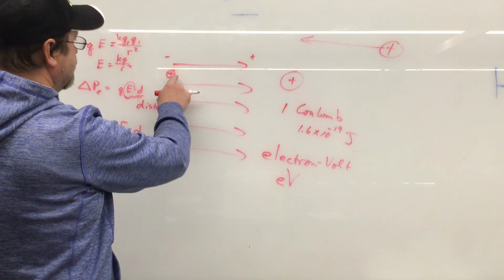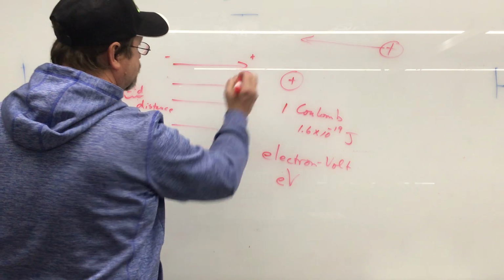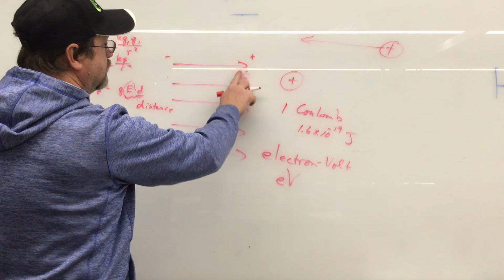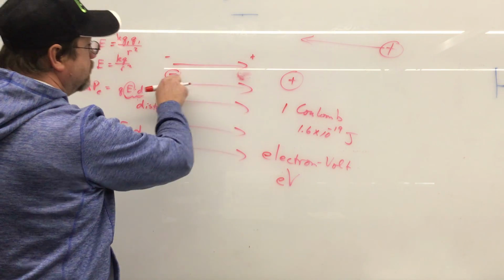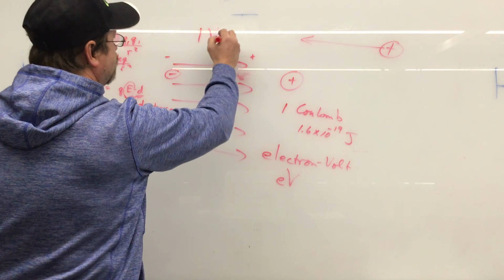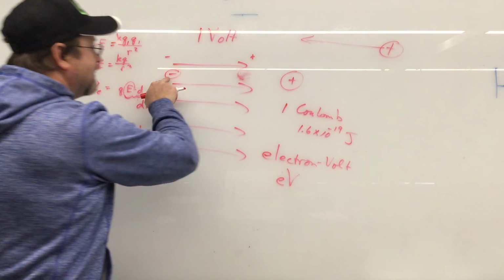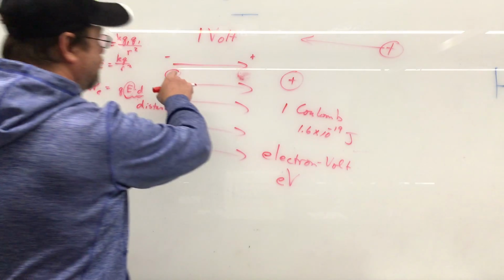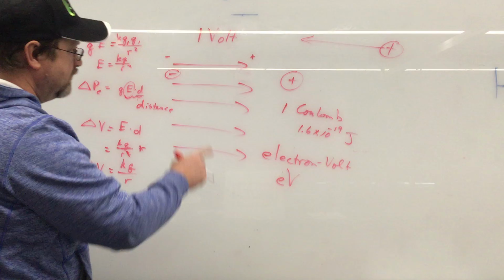So with what we were talking about here, if we flip this around, we put a positive charge over here, we put a negative charge over here, what's going to happen? It's going to be pushed that way, okay? If it's pushed that way, and the difference here is 1 volt, then the amount of kinetic energy it gains, or the amount of work that's done, is 1 electron volt, because it's an electron being moved by 1 volt of electricity.